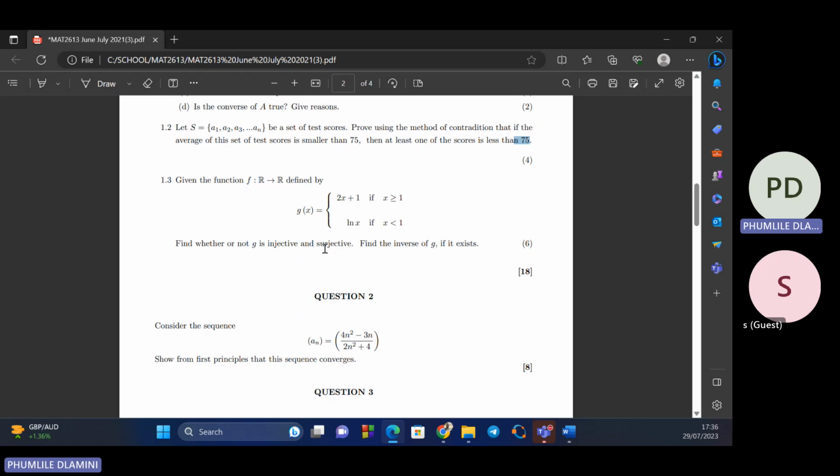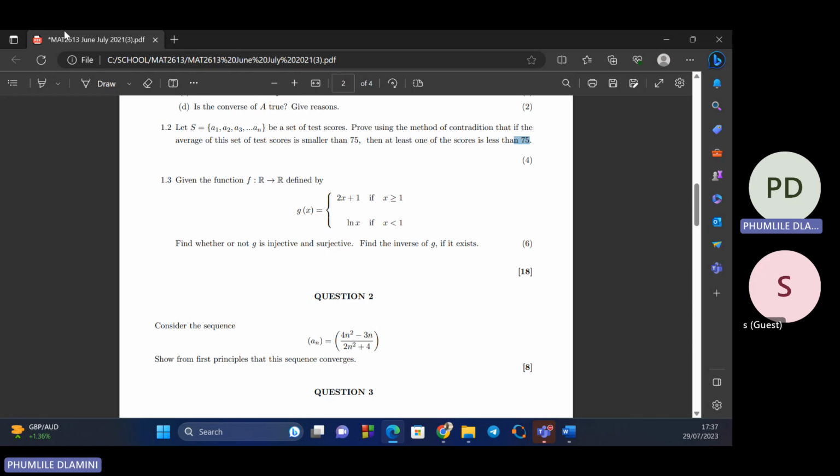So here we are going to introduce x1 and x2. When we introduce x1 and x2, we are going to check if we plug in g of x1 and also g of x2, is g of x1 going to be equal to g of x2? Are we going to get the same thing?